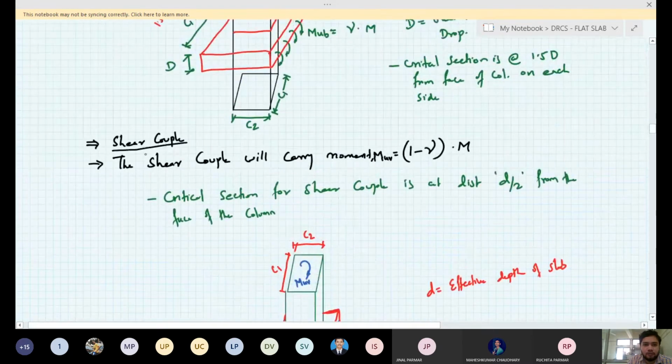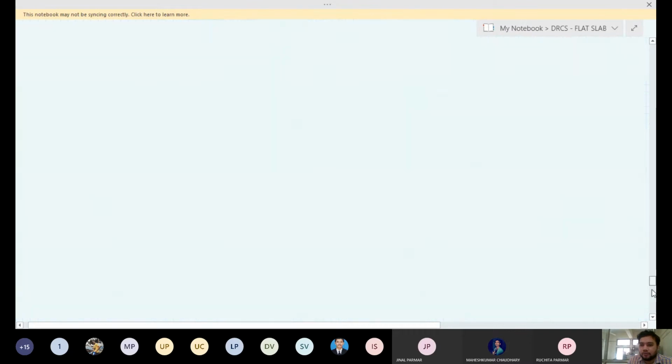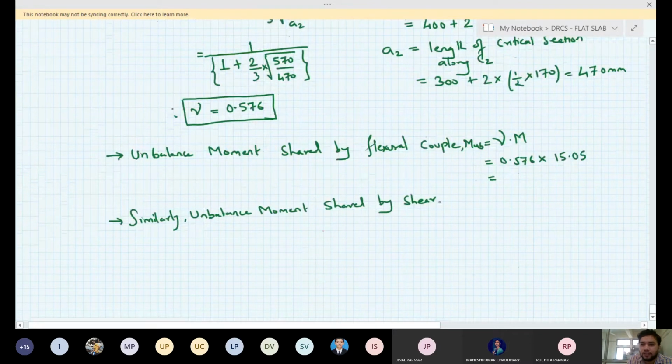The unbalanced moment carried by the shear couple will be gamma MUV equals 1 minus gamma times M. Means the remaining will be carried by the shear couple. So MUV is equal to 1 minus gamma times M.